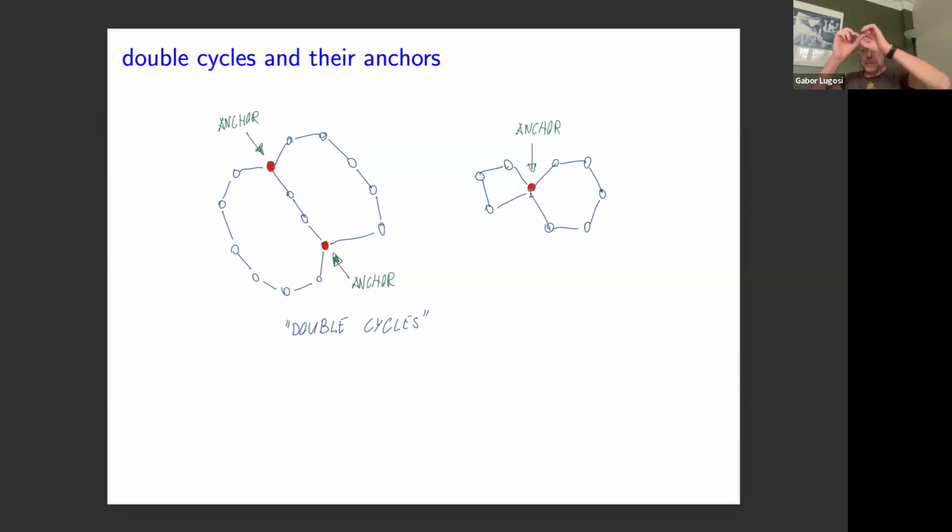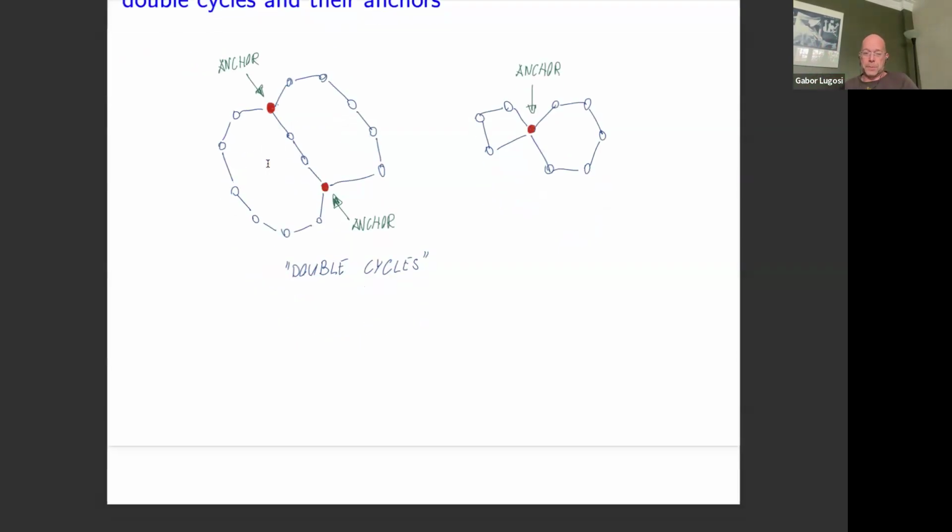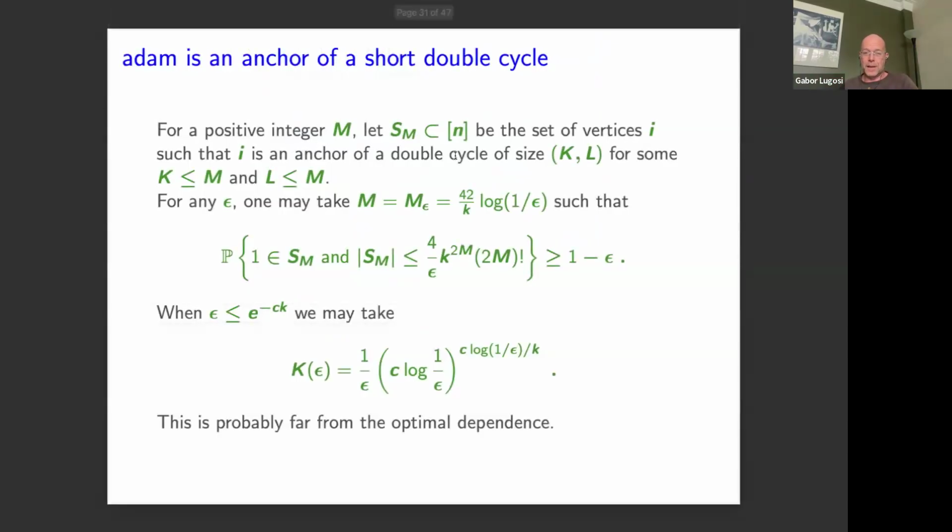The middle path can have length 0, so this is also a double cycle. And what we could show is that counting, for each vertex, how many double cycles of a certain size there are such that the vertex is one of the anchors will work in the following sense.